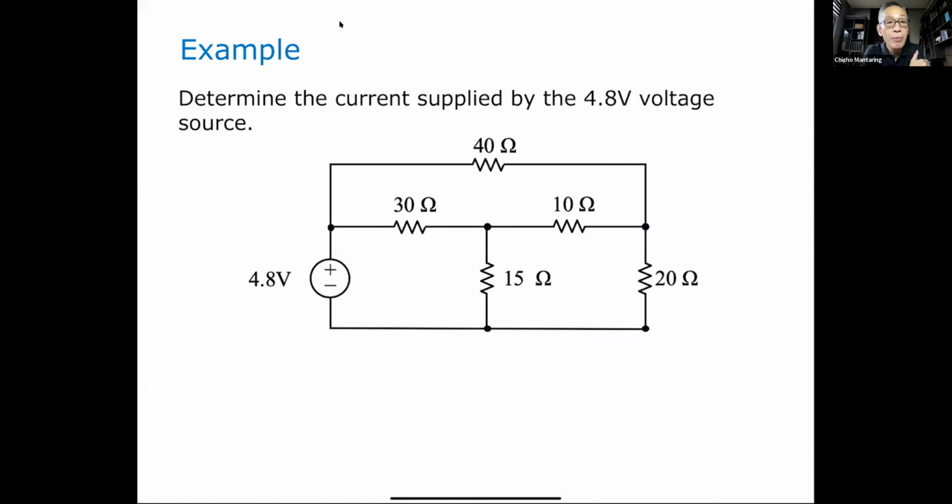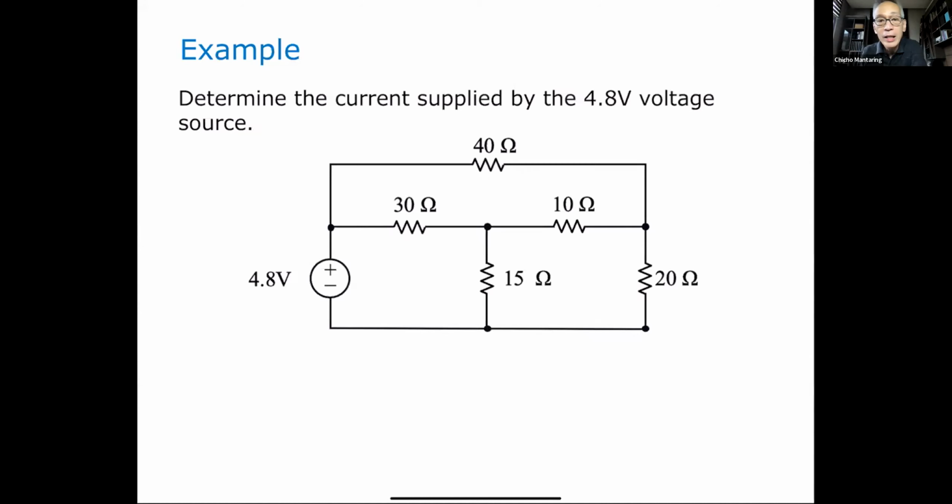Okay, here's another example. Determine the current supplied by the 4.8 voltage source. Can someone tell me or show me any two resistors in series? Anyone?